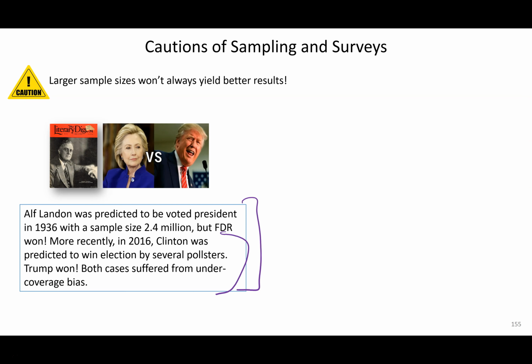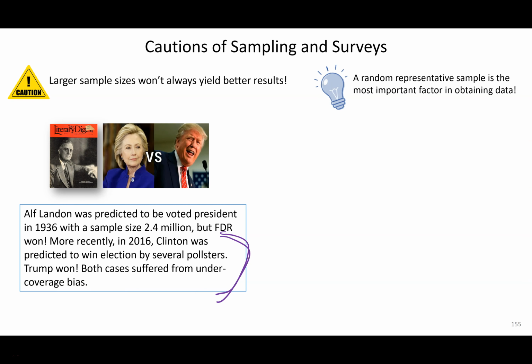More recently, although this is more problematic because of the whole electoral vote versus popular vote, Clinton was projected to win in a lot of surveys, but then she didn't. But once again, electoral versus majority vote, it's a whole different can of worms. So it's really important to get a representative sample.